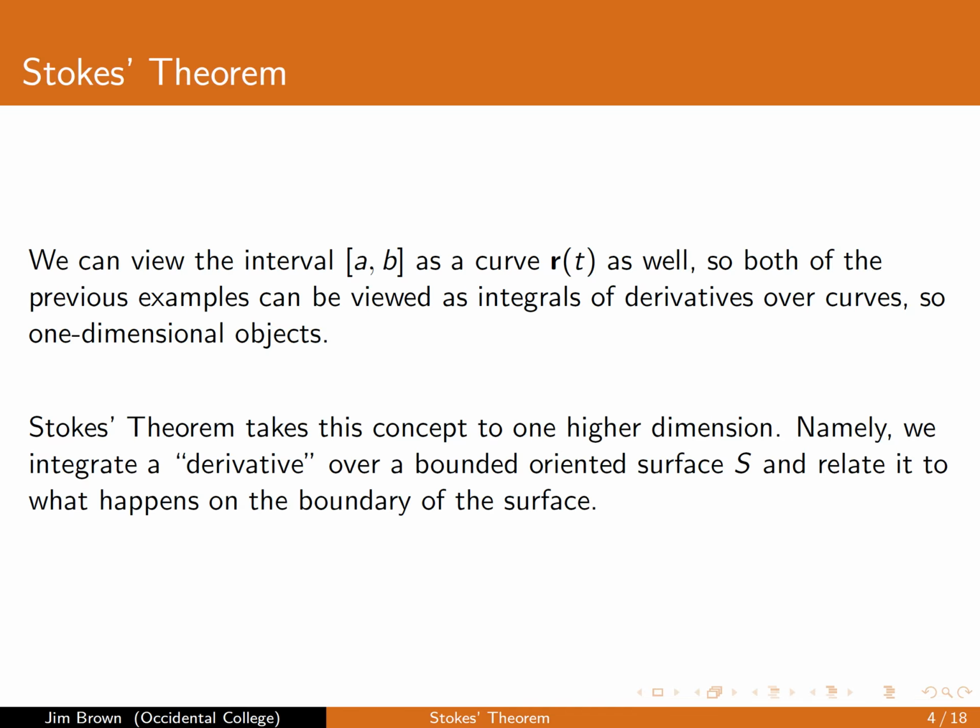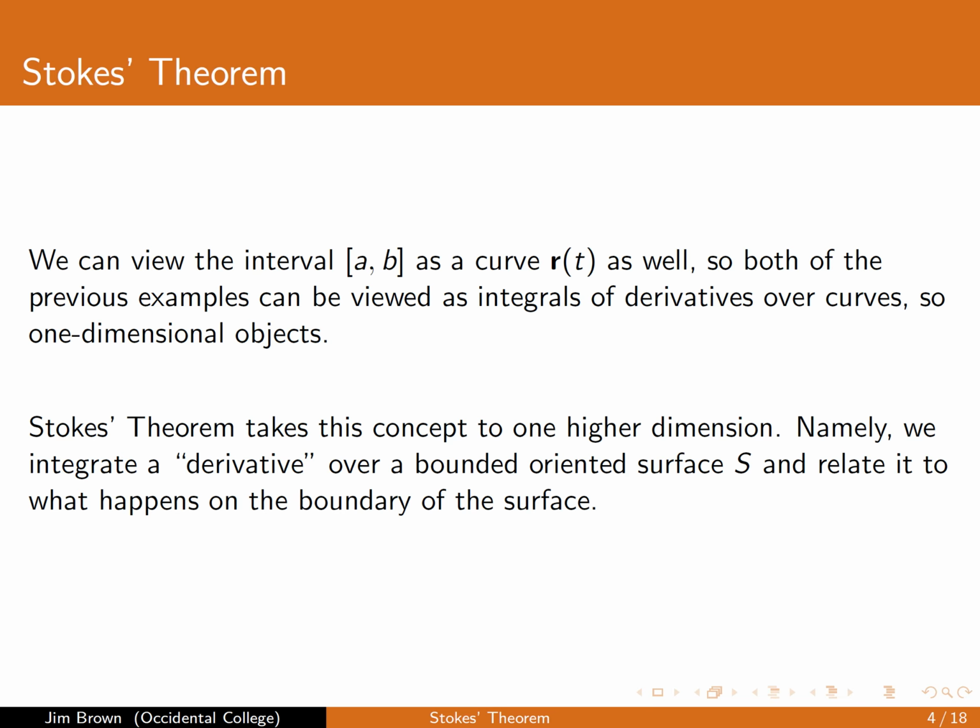Namely, we integrate a derivative. We have to decide what that derivative is going to be in this case. And instead of a curve, we're going to use a surface. So we move from one dimension to two dimensions. And now the boundary of a surface is a curve, which is something of one dimension, whereas before the boundary of a curve is zero dimensional, just a point. So it's the same idea, we've just moved everything up one dimension.